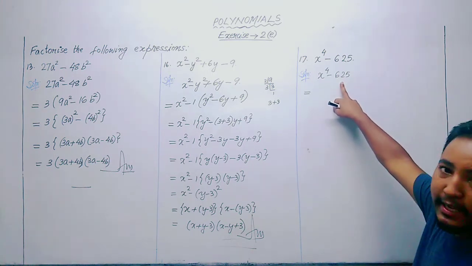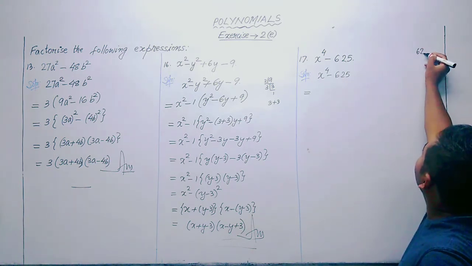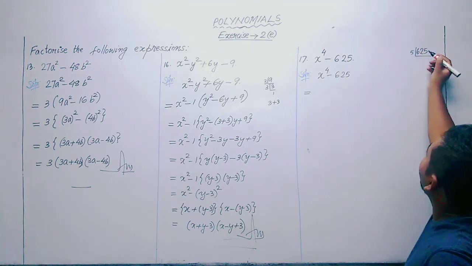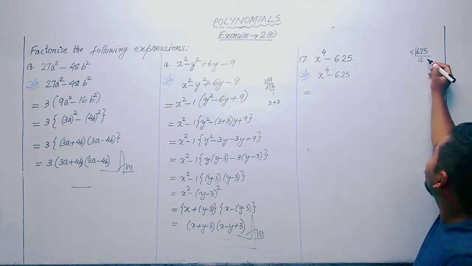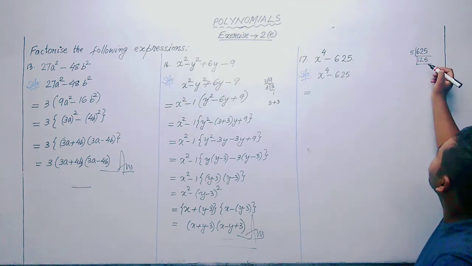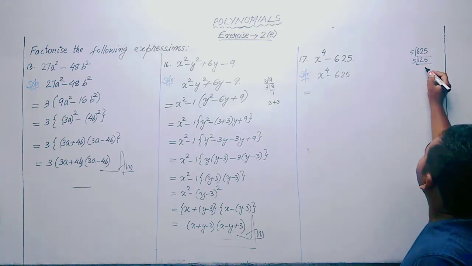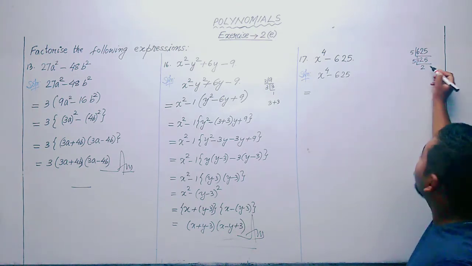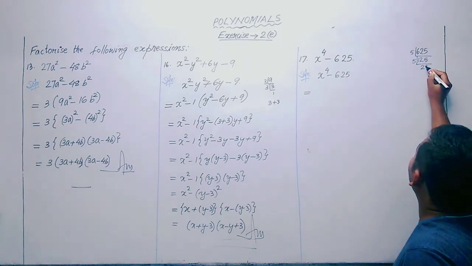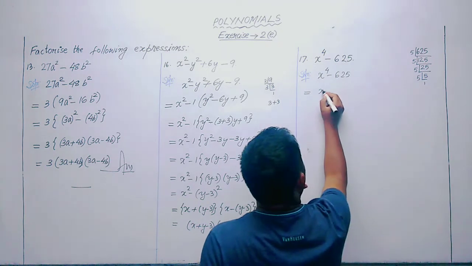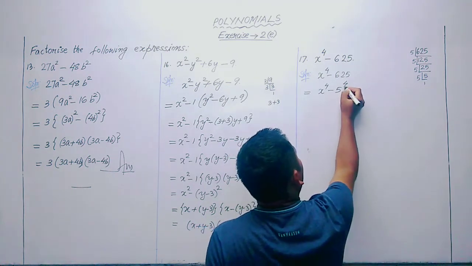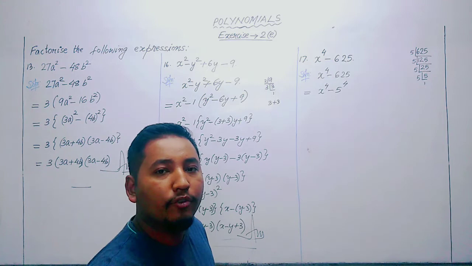First of all, take out the LCM of 625. 5 1s are 5. 5 2s are 10. 5 5s are 25. 5 5s are 25. So what do you get? Will I not get 5 to the power 4? Yes, I will get 5 to the power 4.